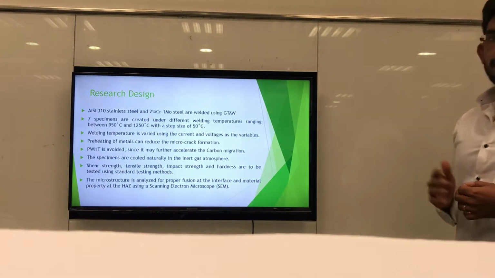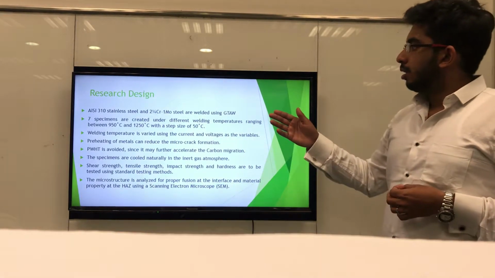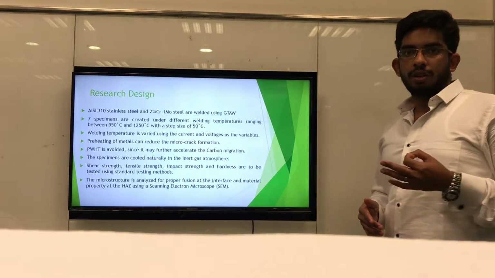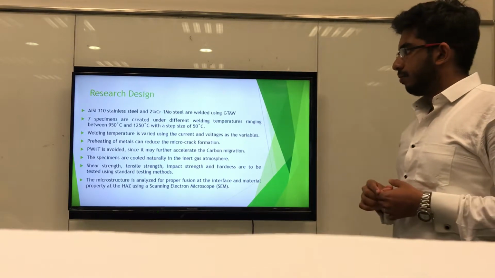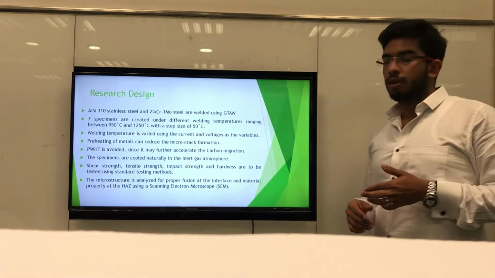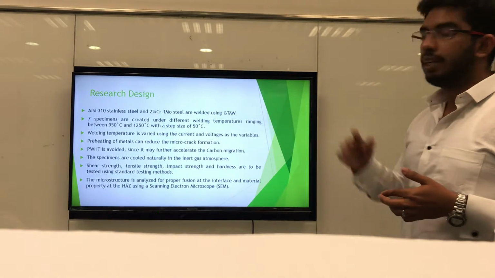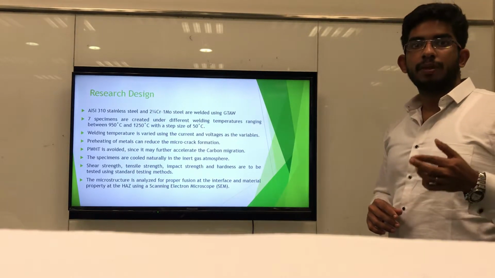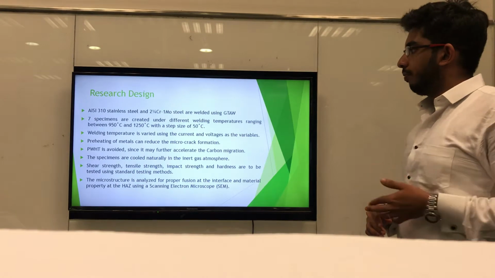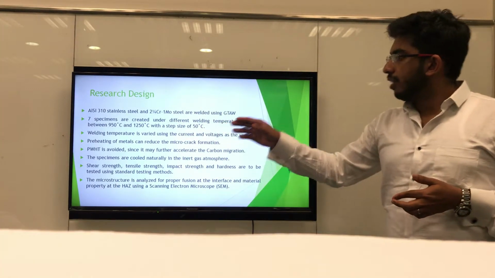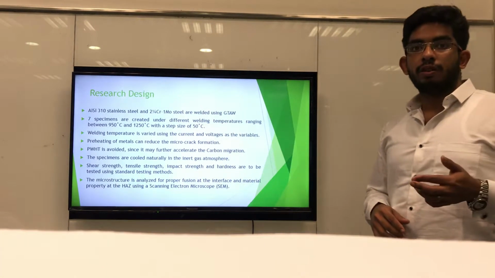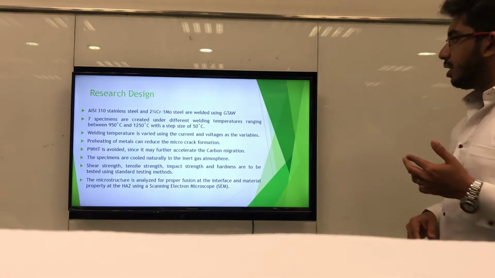For finding the results, I used gas tungsten arc welding to join these two metals and created 7 specimens under different welding temperature conditions ranging from 950 to 1250. The welding temperature can be varied with the use of voltage and current.